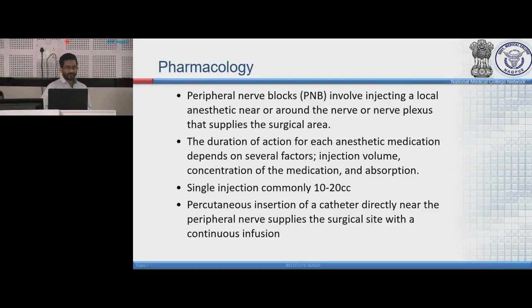A single injection, usually 10 to 20 ml, is sufficient for an ultrasound guided block. Then percutaneous insertion of a catheter directly near the peripheral nerve supplies the surgical site with continuous infusion. This can be done under ultrasound guidance. We can put a catheter near the nerve and use it for intermittent boluses or continuous infusion.